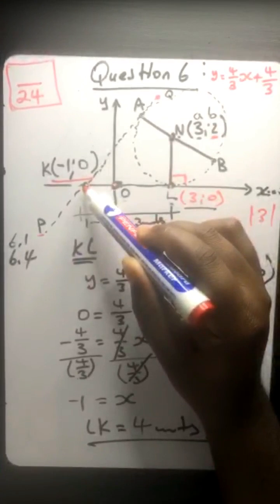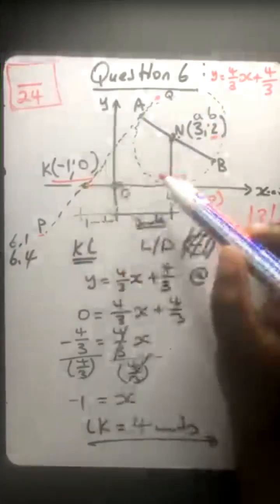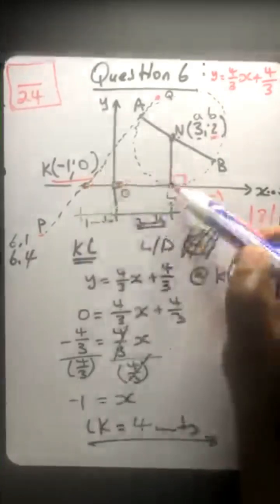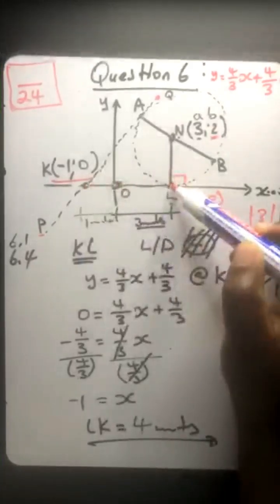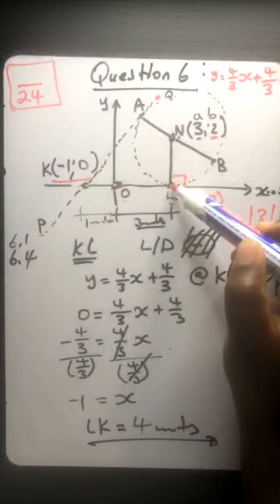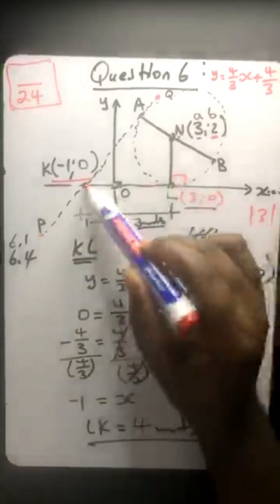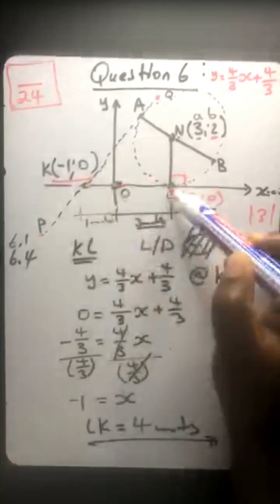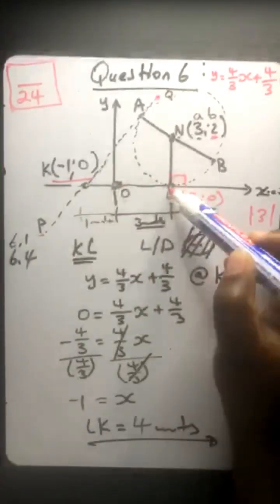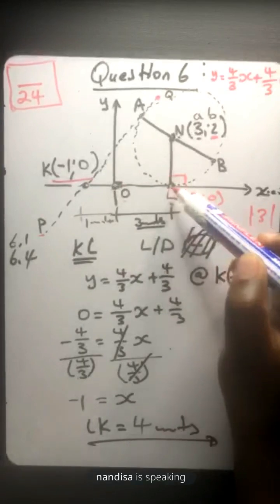Yes. So if you had to walk from the origin to L, how many units? I think 3. Yes. So now, if you had to walk from K to L, how many units? Okay, 4 units. I get it.